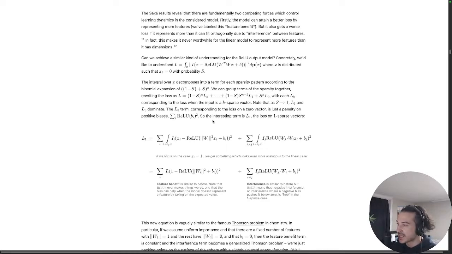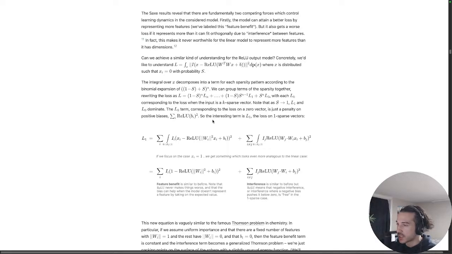Note that as the sparsity approaches 1, L sub 1 and L naught dominate.